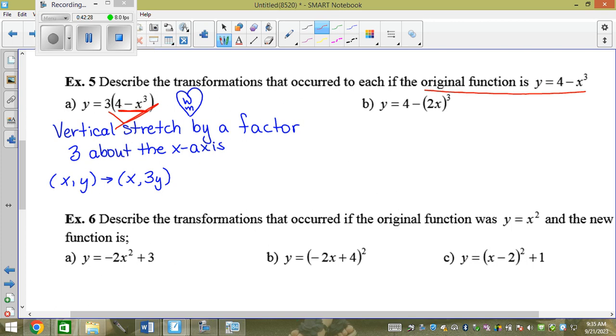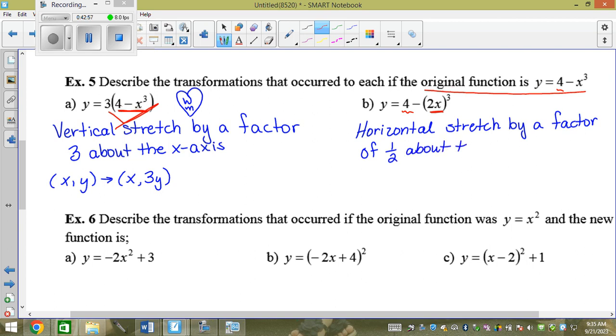Okay, this one, y equals 4, so the 4 is the same. And then x cubed. Darn it, there's a 2 with it. So what is this? Horizontal stretch by a factor of 1 over 2 about the y-axis.